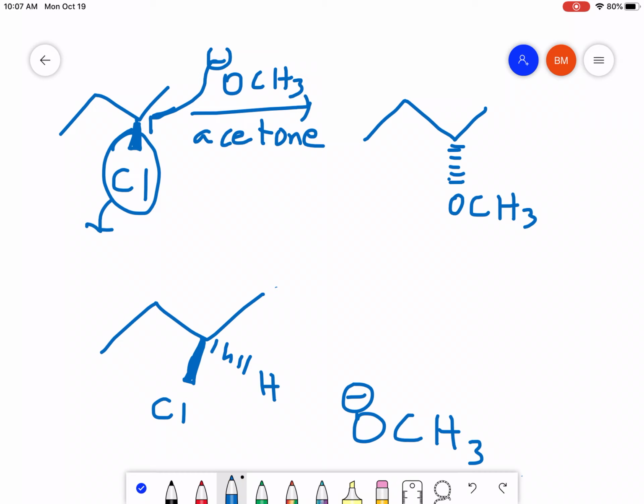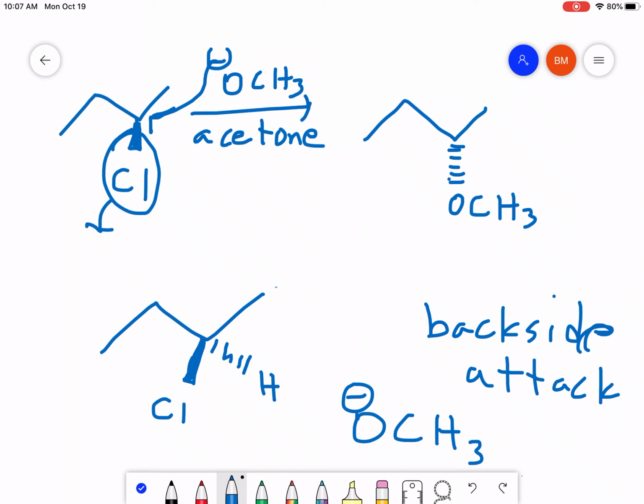All right. Whenever we have an SN2 nucleophilic attack, this always occurs via what we call backside attack. What that means is that the nucleophile always comes in from the opposite direction that your leaving group is pointed, right? So the OCH3 doesn't want to come in from the same side as the Cl, right?